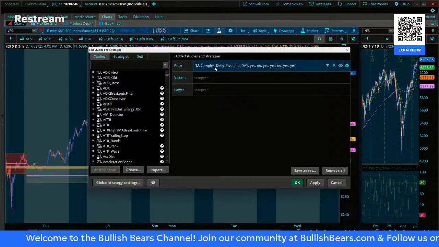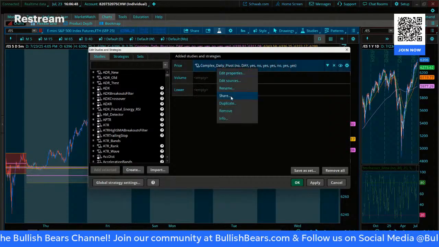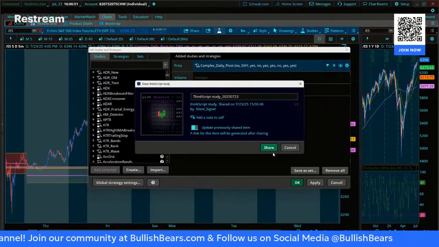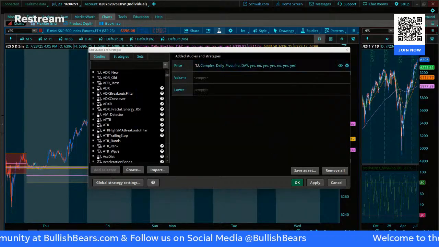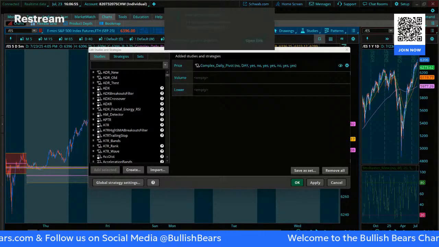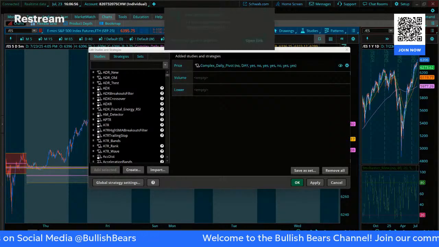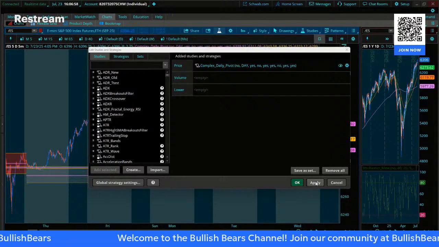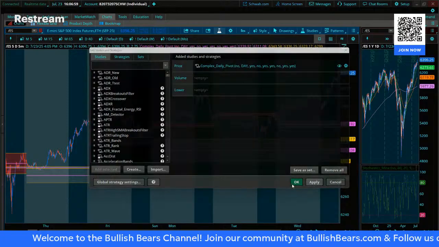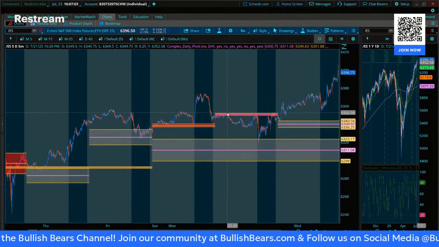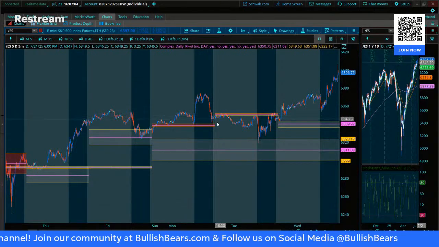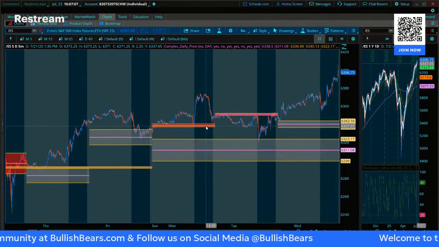If you want my version, I just call it complex daily pivots, and I use it all the time. It's in the chat now. So you can call it the CPR indicator if you want. That's basically what it's doing. The math formula behind that, if you was to Google central pivot ranges, the formula is right on Google.